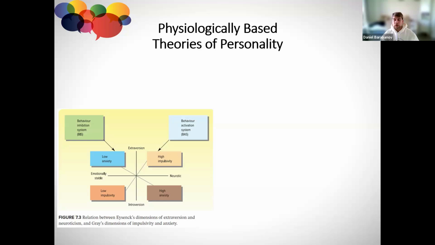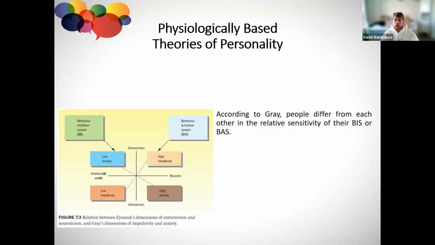So people will be more anxious if their BIS system is more active. And the behavioral activation system is connected to impulsivity. So people with a sensitive behavioral activation system would be more impulsive compared to people with a less sensitive behavioral activation system.